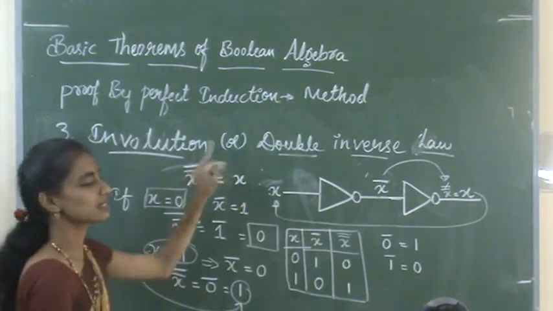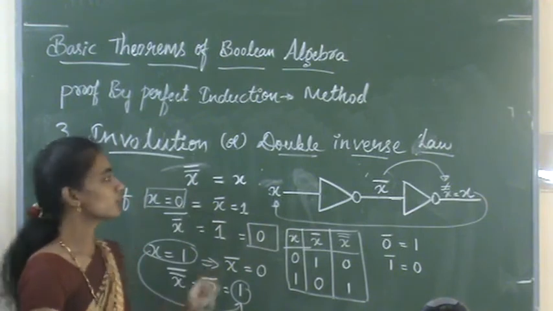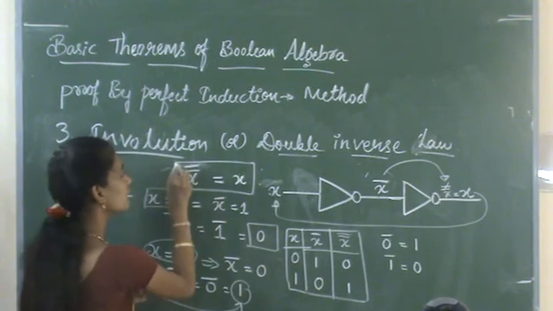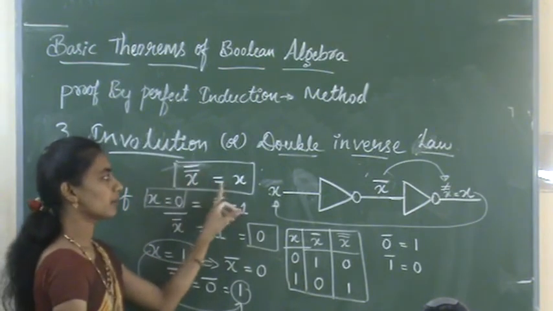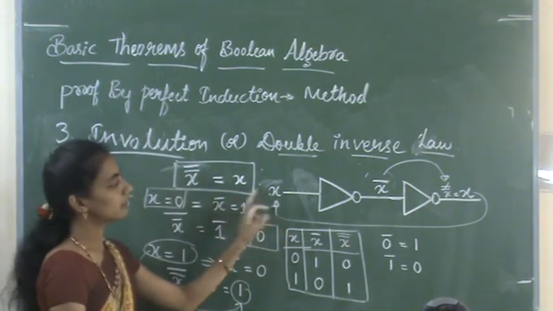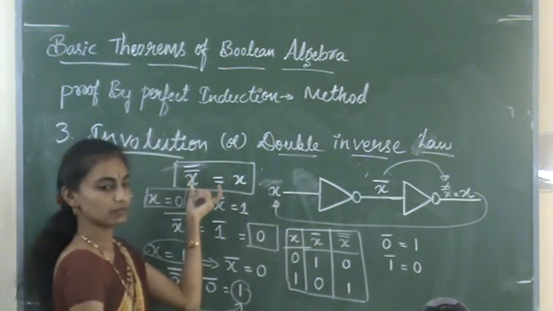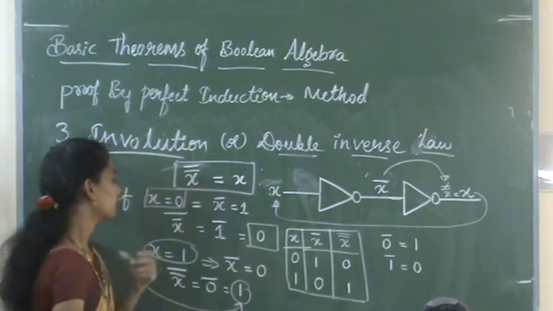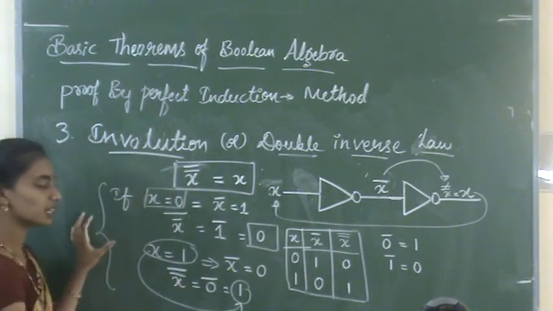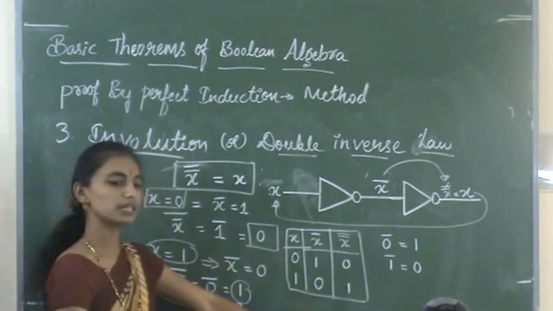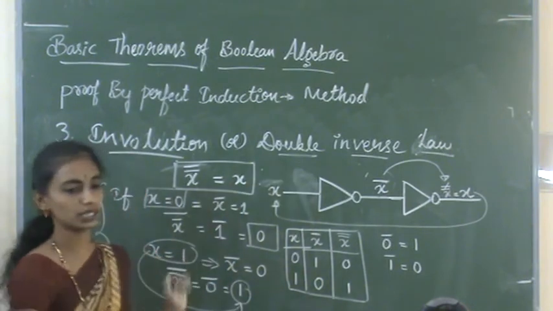That is the statement of this law. To prove this, we can write the theorem as the equation x double bar is equal to x, and we have to represent this theorem or equation with a gate. This is the algebraic method by which we can prove this theorem. This is the truth table method.